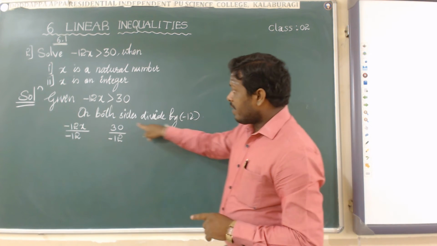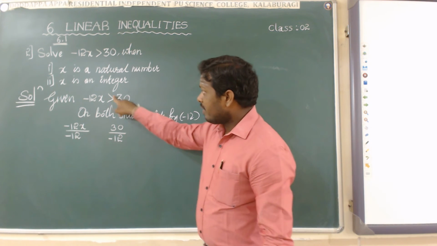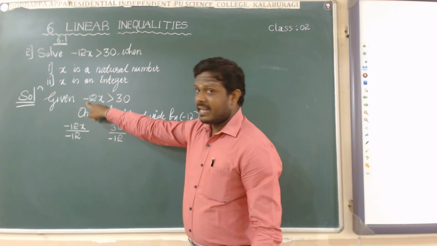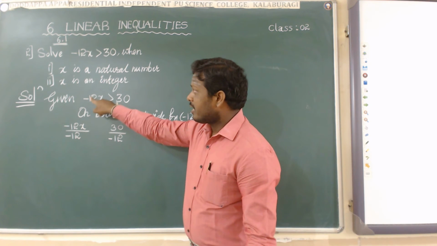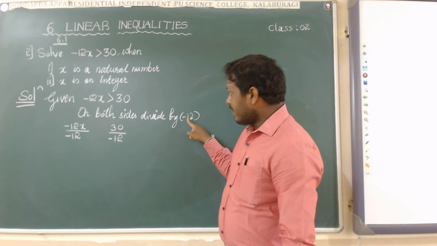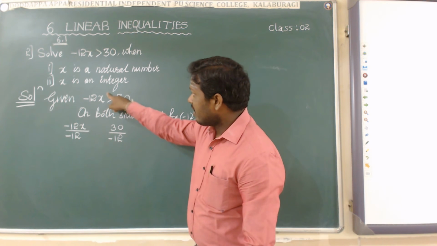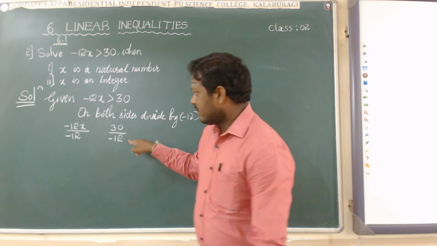Before dividing by the negative value, the sign of inequality is this way: minus 12x is more than 30. When we divide by a minus term, the sign of inequality will be reversed.